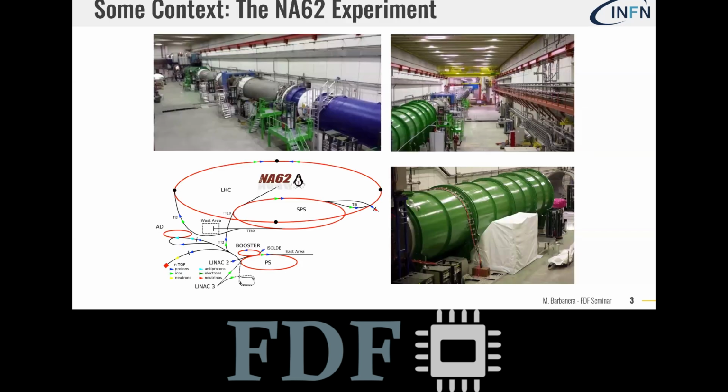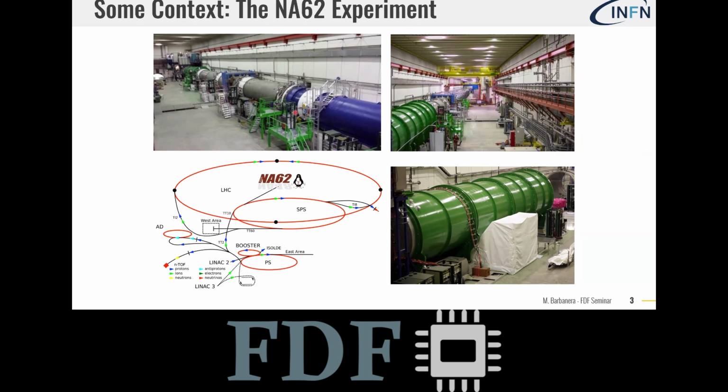So let's start from the beginning. What is the NA62 experiment? Now, it is CERN-based, and as you probably know, CERN has 4 main accelerators. The LHC is the biggest one, but NA62 is not in that accelerator, it is in the SPS, which is the second biggest one, and more specifically it is in the north area, and it's an actual cavern of 200 and something meters, in which there is a fiducial zone in vacuum, in which particles interact with some detectors.